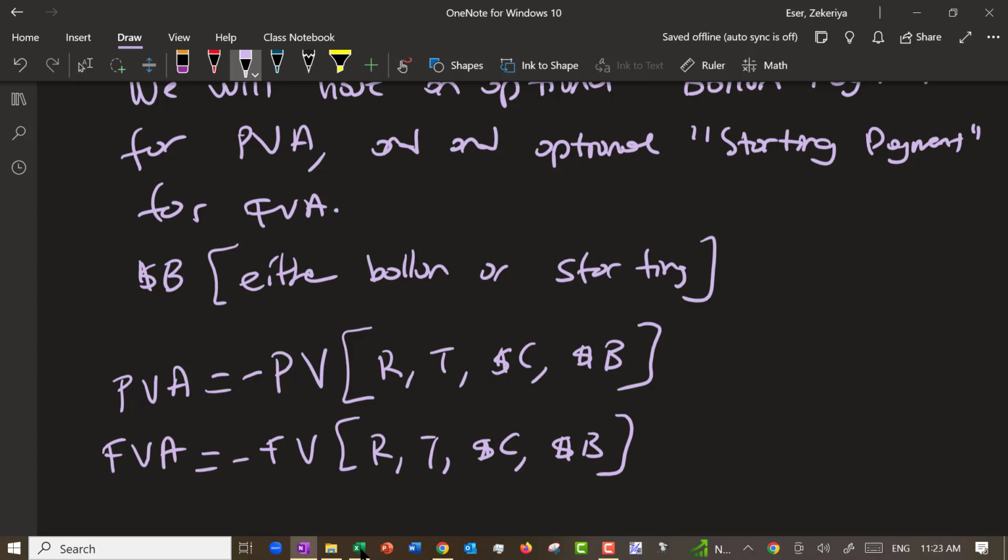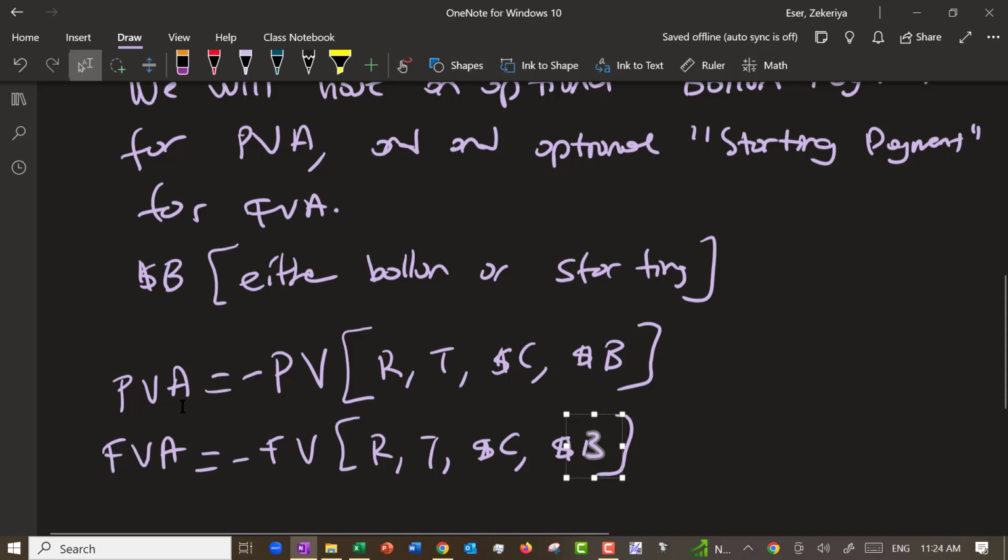Now, in all of these equations, I have 5 things, right? Interest rate, number of payments, periodic payment, and one-time payment, and the present value or future value. If I know 4 of them, I can figure out the 5th.